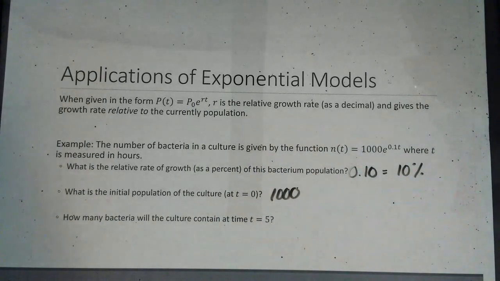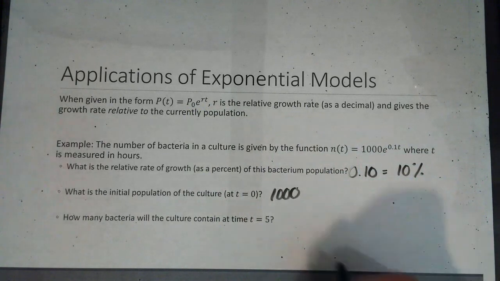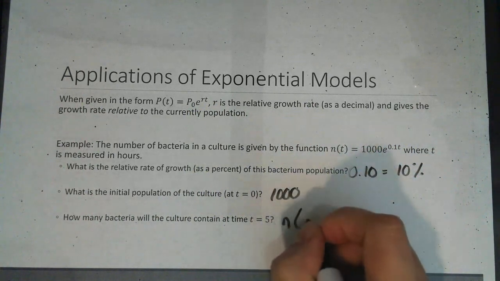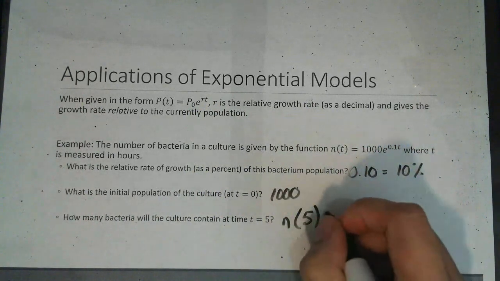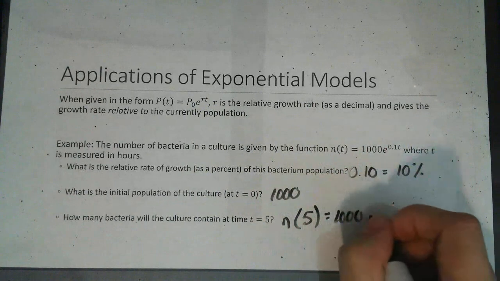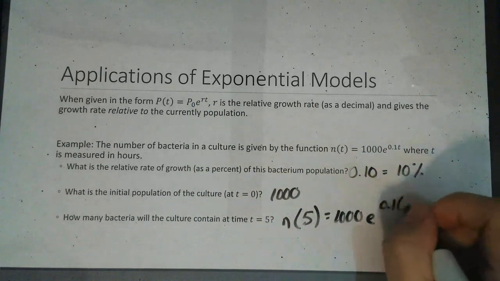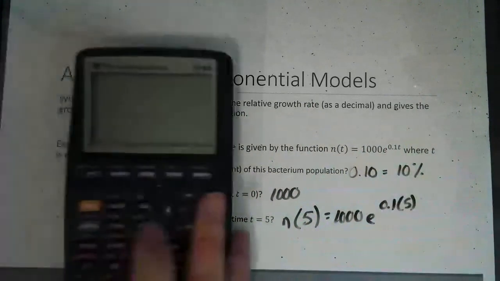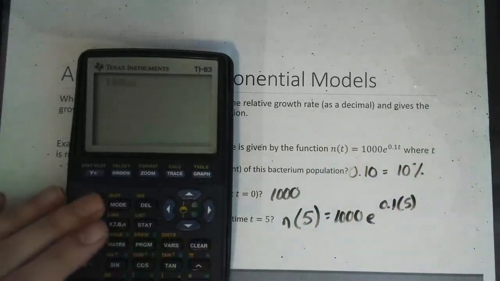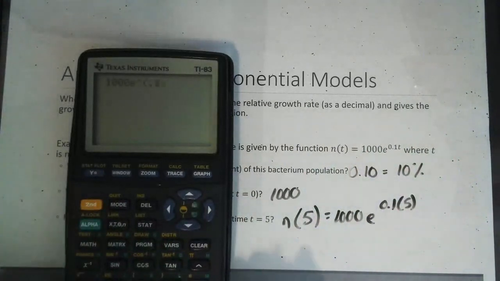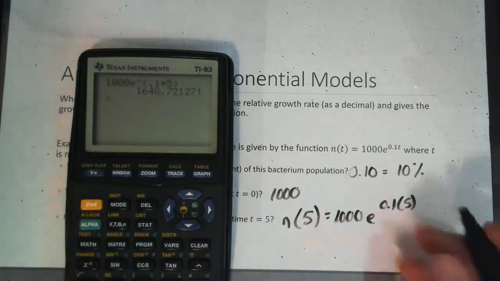Finally, we want to know how many bacteria the culture will contain at time t equals 5. So they're just asking us to plug in 5 for t. So the population at time t equals 5 is equal to 1,000 e to the 0.1 times 5.